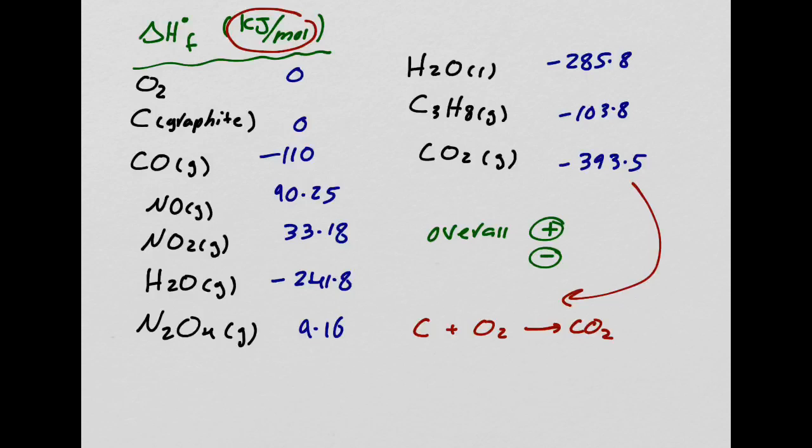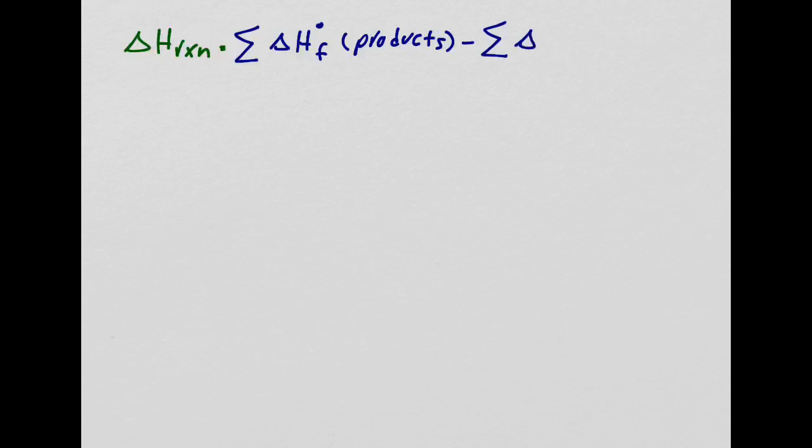Now, here's why it's good to know the delta H of formation. Because we can calculate the delta H of the reaction based on the delta H of formation. It would be the sum of delta H of formation for products minus the sum of delta H of formation for reactants.